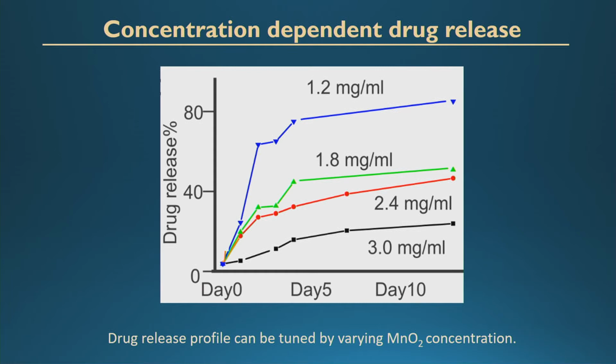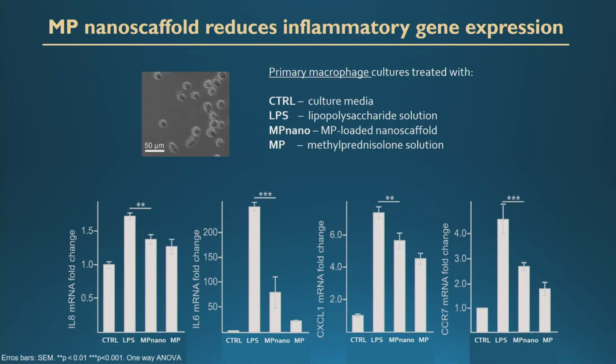So after this characterization of the mechanical properties and drug release, the next step was to test this material in a cell culture system. They chose to use primary macrophage cultures and test the induction of an inflammatory stimulus and how methylprednisolone and our scaffold can rescue that.